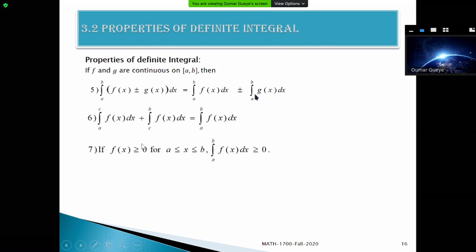So basically, the integral of a positive function is a positive number. And from here, we can conclude that the integral of a negative function is going to be a negative number. If you integrate a positive function, you will get a positive number. If you integrate a negative function, you will get a negative number.